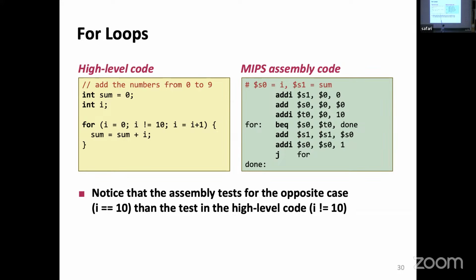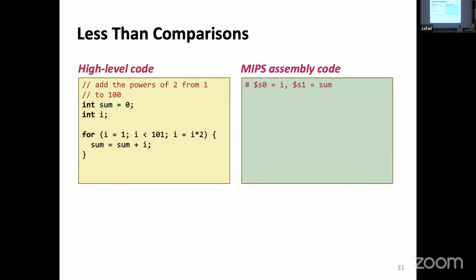We want to terminate the loop once the counter has reached 10. But if you say something like less than, we didn't really see an instruction for this. We very briefly saw it when I was talking about the ALU. And we need something funnier.